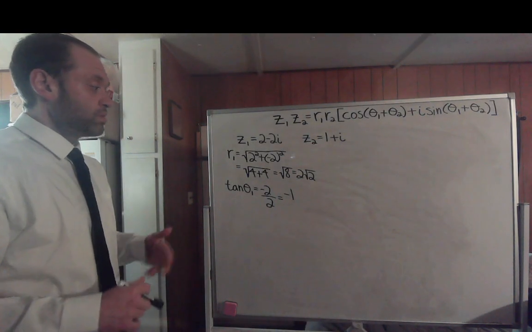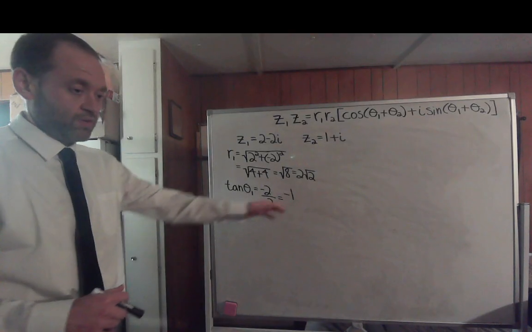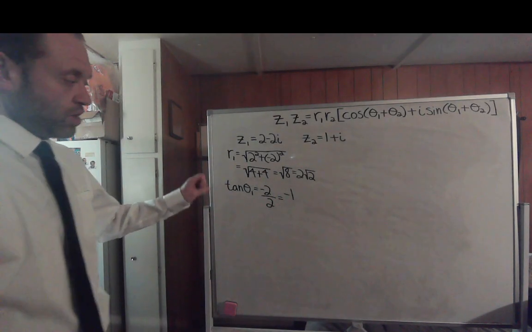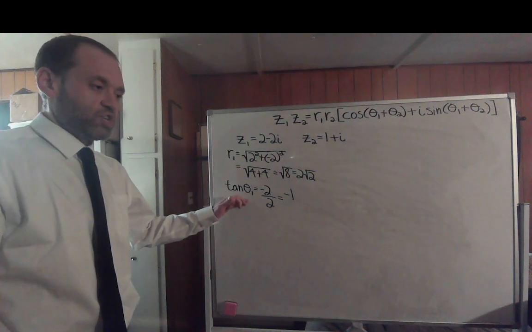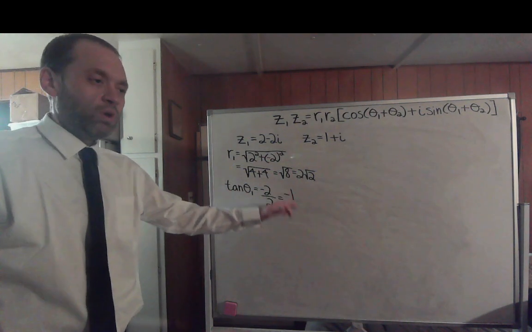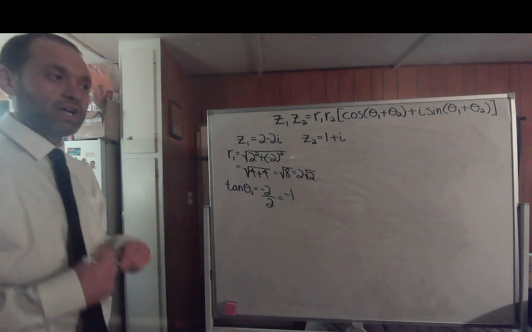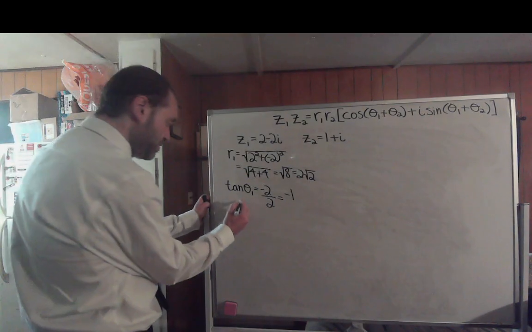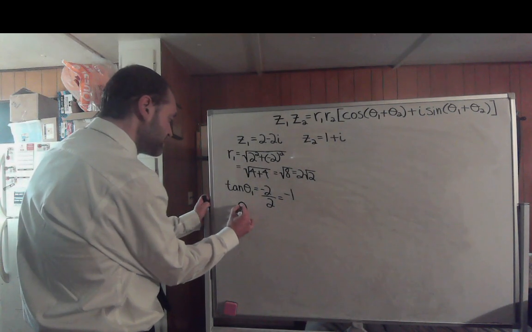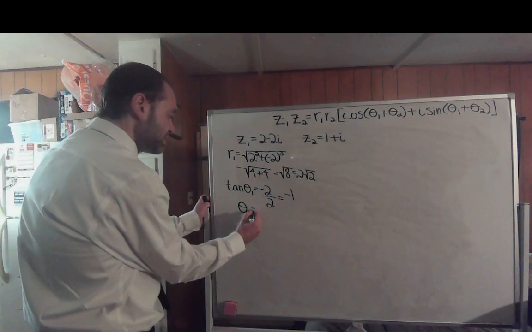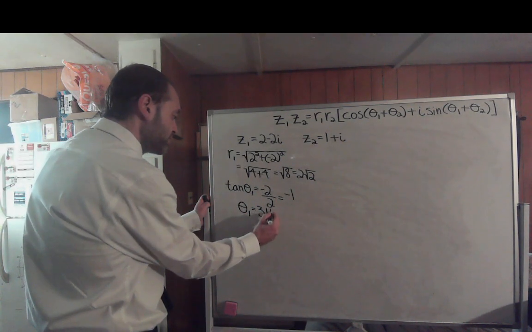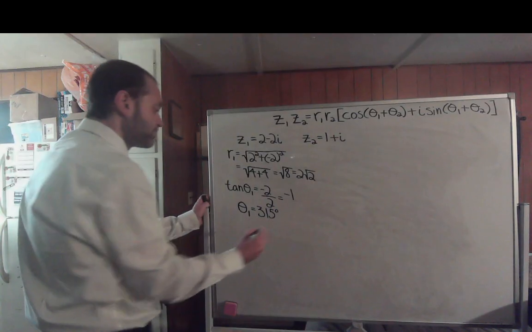If you want to find what angle gives you a tangent of negative 1 in the fourth quadrant, that's going to be based on a 45-degree angle in the fourth quadrant, which would be 315 degrees. So theta sub 1 would equal 315 degrees.